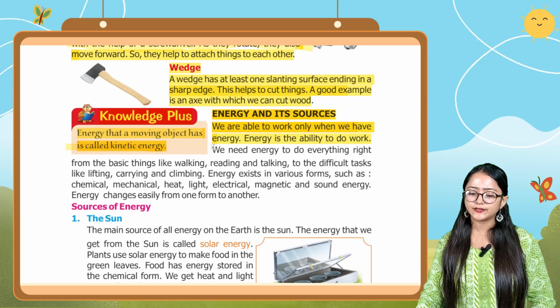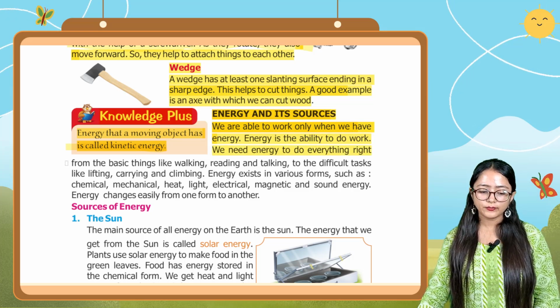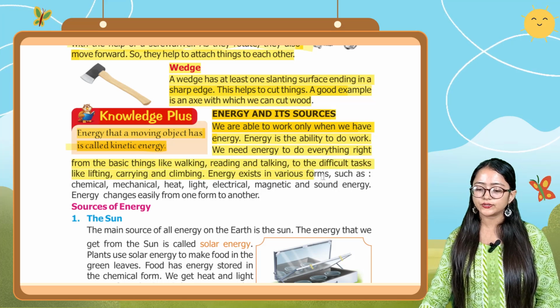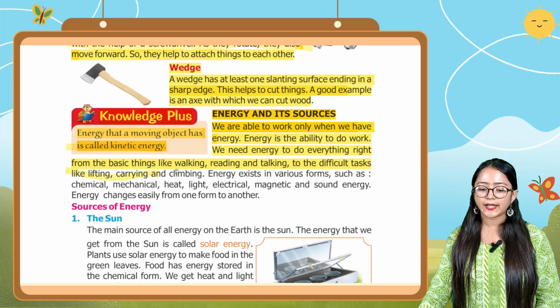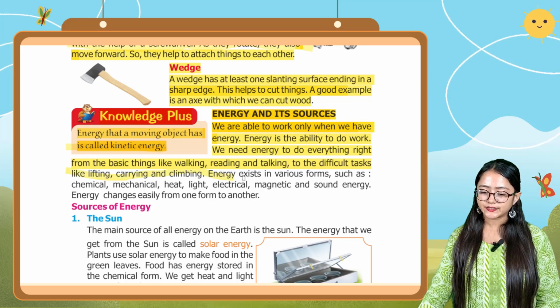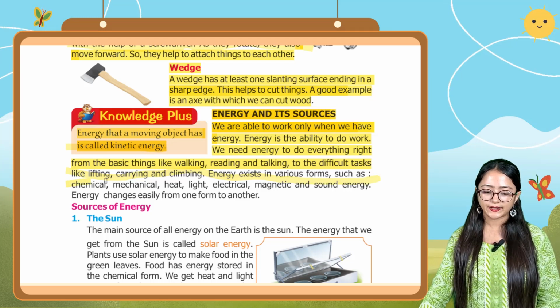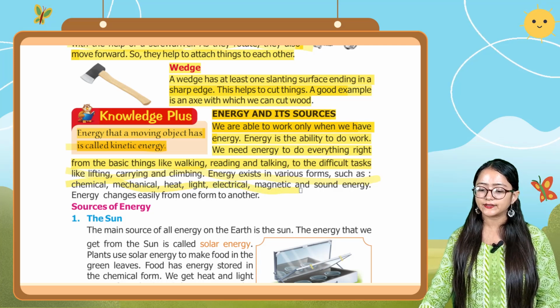We need energy to do everything, right? From basic things like walking, reading, and talking to difficult tasks like lifting, carrying, and climbing. Energy exists in various forms such as chemical, mechanical, heat, light, electrical, magnetic, and sound energy.